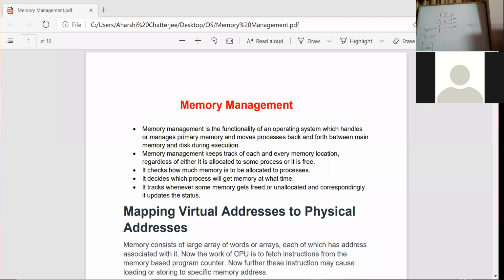Now, this is the basic functionalities under memory management, what we get.